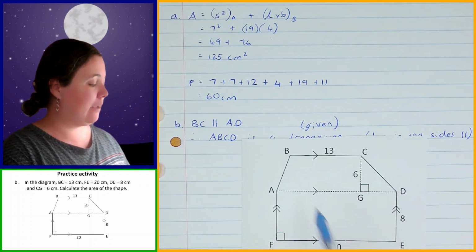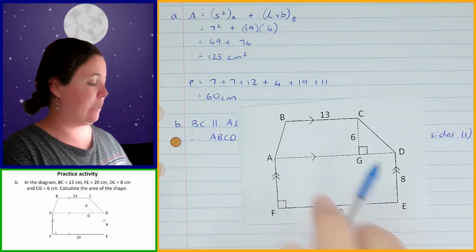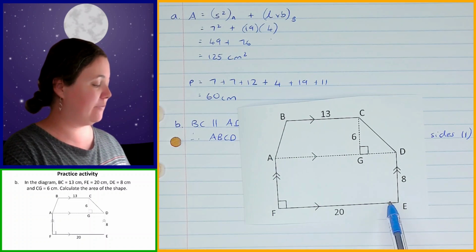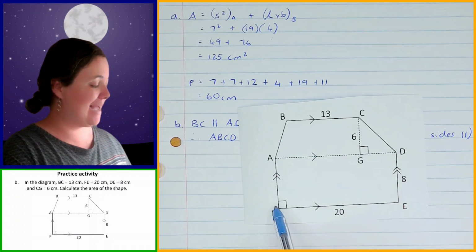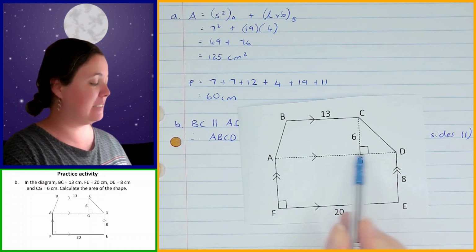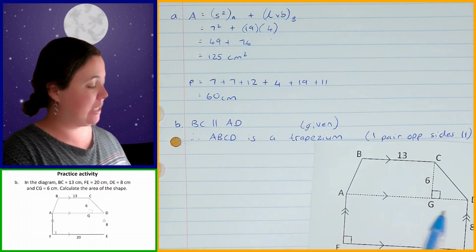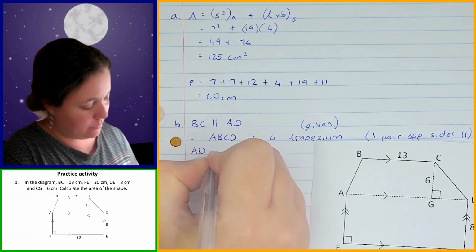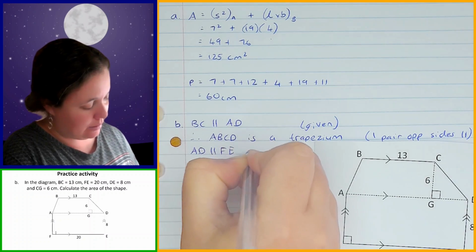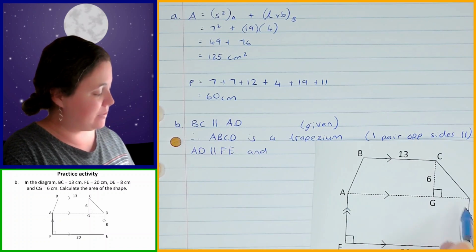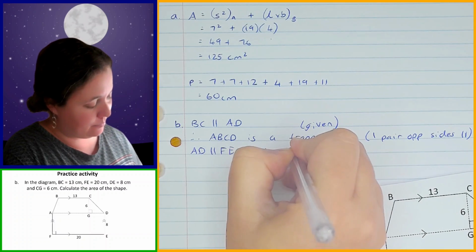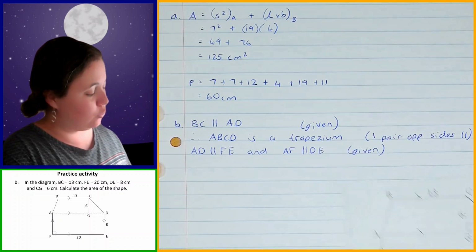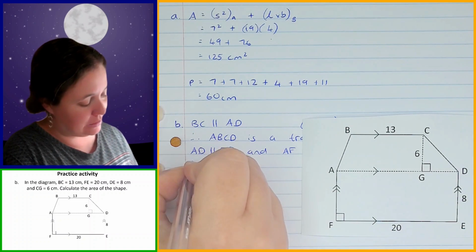Then if we look at the other quadrilateral that we have here, ADEF, they've told me that the opposite sides over here are parallel and these ones are parallel as well, and that this angle F is a right angle. That means that this is going to be a rectangle. So here I can say AD is parallel to FE, and AF is parallel to DE, and that was given. And also I can say that angle F is equal to 90 degrees.